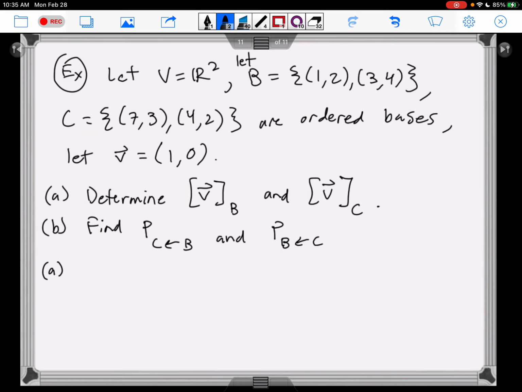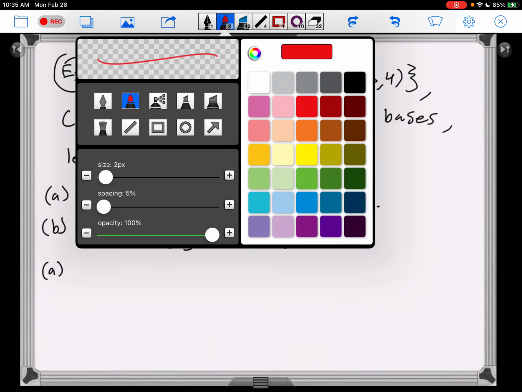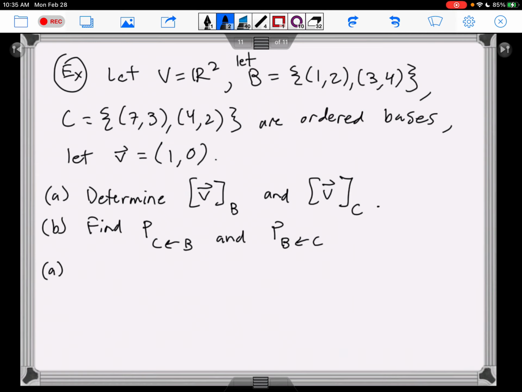How do you determine V relative to B? Remember, you take your basis elements of B, and here's our basis vectors, right? Our basis vectors for B, here and here. We're going to write them as columns in our matrix. So we have 1, 2, 3, 4, and we put our vector V in here, 1, 0, and we're going to solve this system. Okay, now again, we're going to do our row operations, and I'm going to do those on my own.